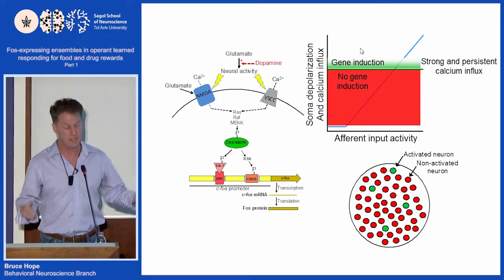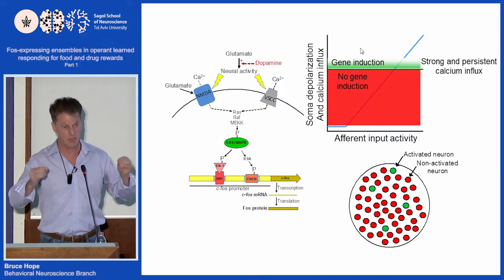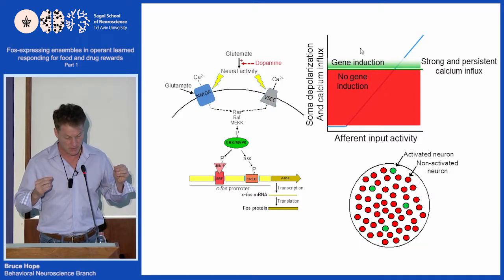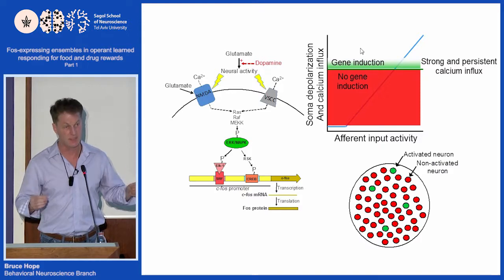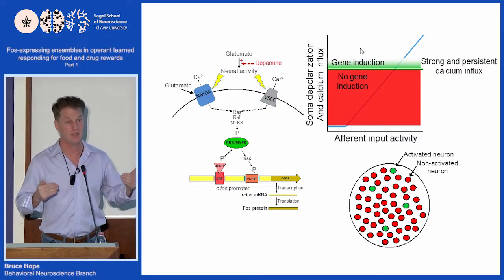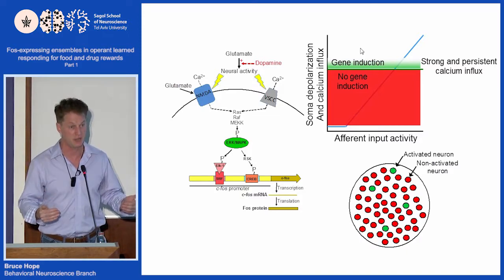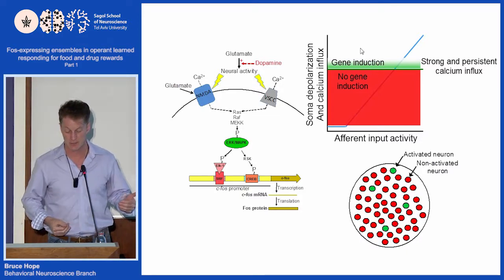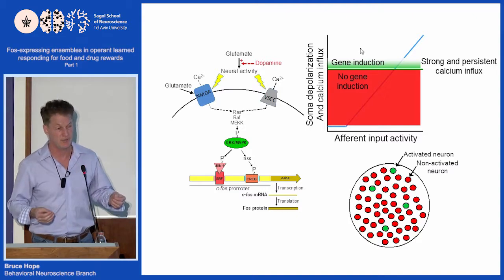I think you need a certain persistent amount of input that's selected by cues and context to force these neurons to undergo some kind of molecular change. And I'll show you in a subsequent section that this also happens for electrophysiological changes.